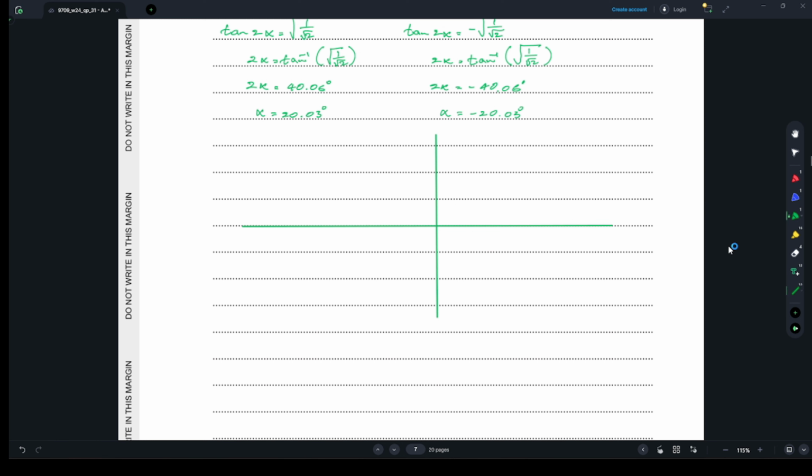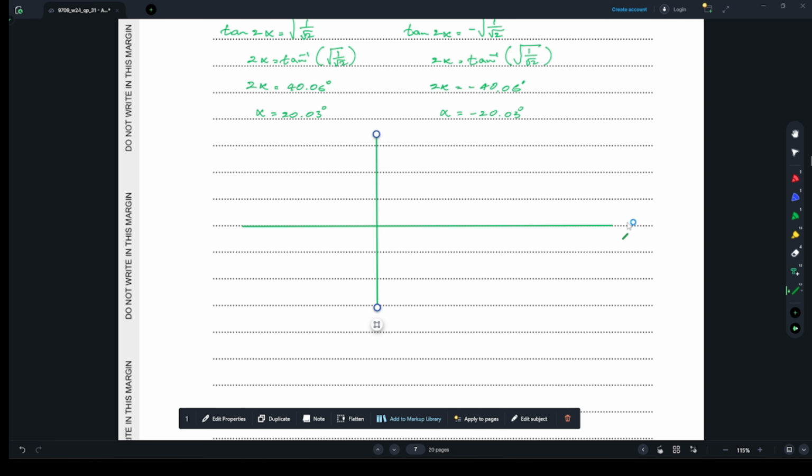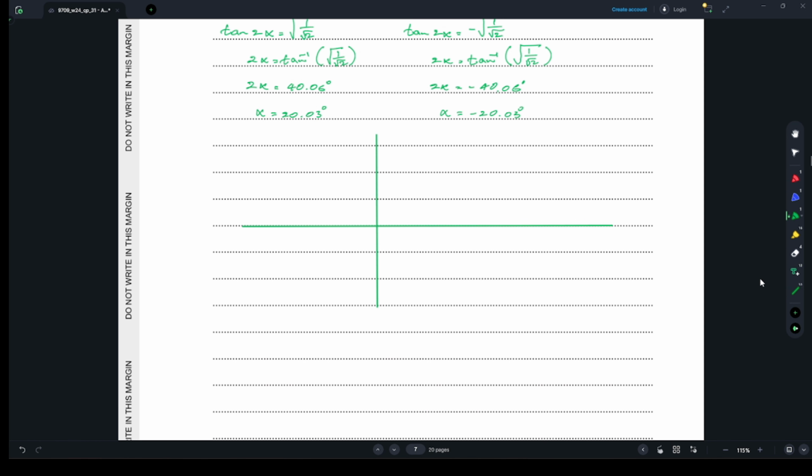So if you remember the tan graph, I will take the line around here, because later you will understand why. Okay, so I hope you remember the multiples of 90 degrees in the tan graph.